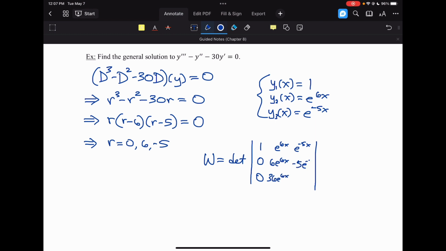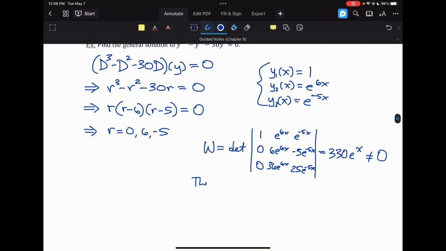We get negative 5 e to the negative 5x and 25 e to the negative 5x. This one is a little bit simpler because of these zeros here, but we end up getting 330 e to the x, which is non-zero.